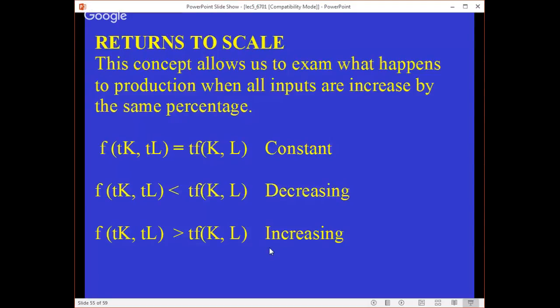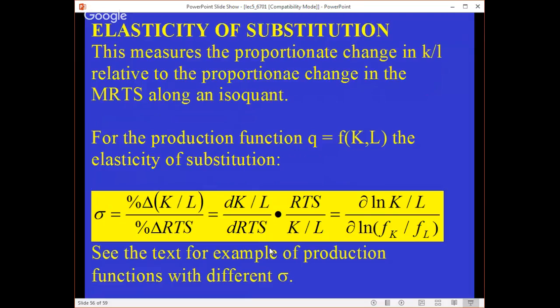If it's greater than 1, we have increasing returns to scale, and if it's less than 1, we have decreasing returns to scale. Not important, just an interesting element of the Cobb-Douglas production function. Okay. Questions?